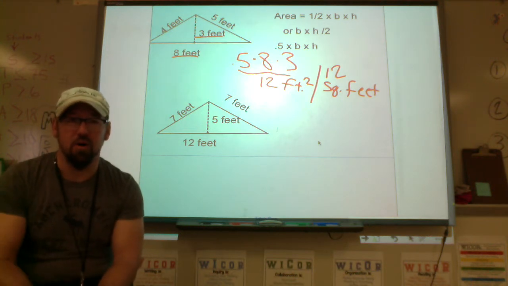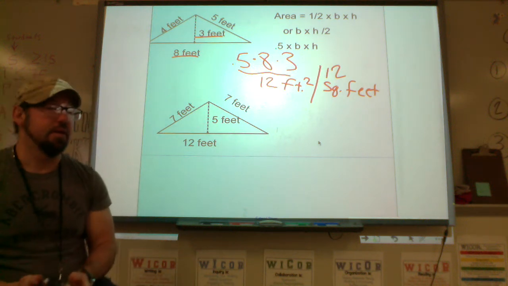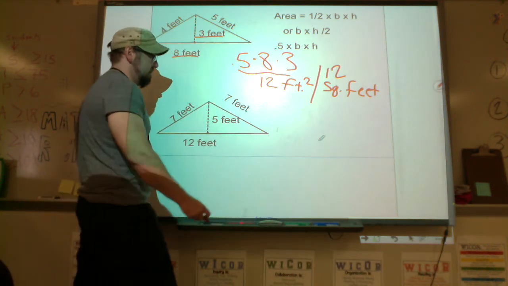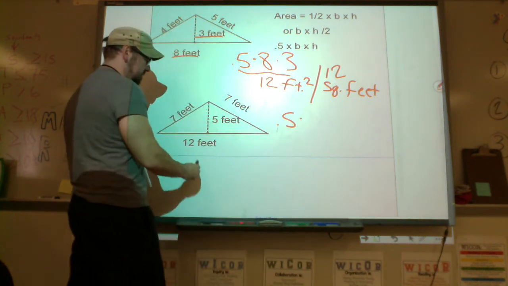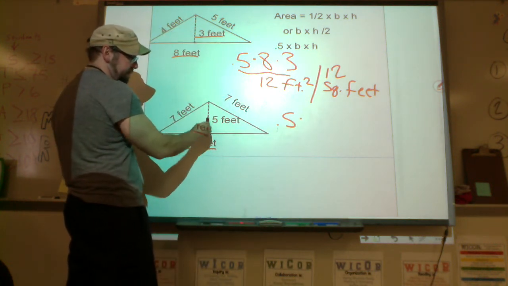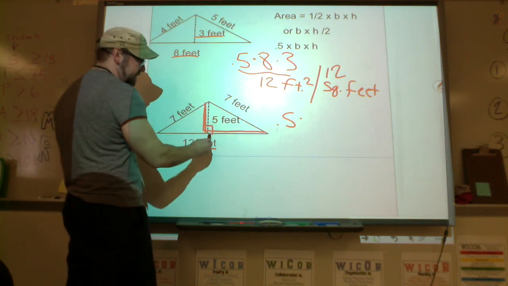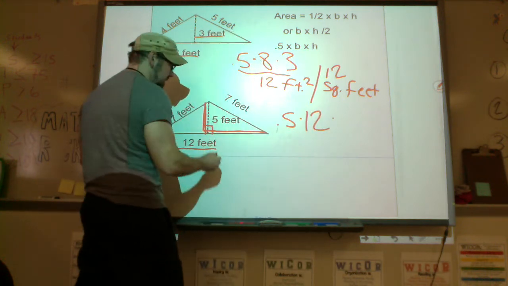Okay, the height always goes straight up and down. If you did this correctly, you would have gotten 0.5 times my base is 12, which makes that perfect 90-degree angle with my height, times 12 times 5.